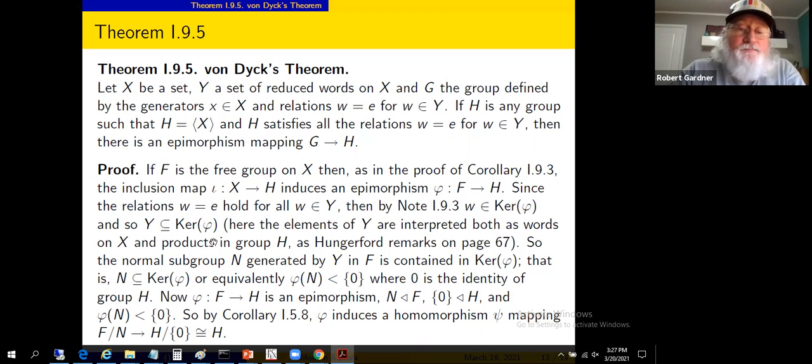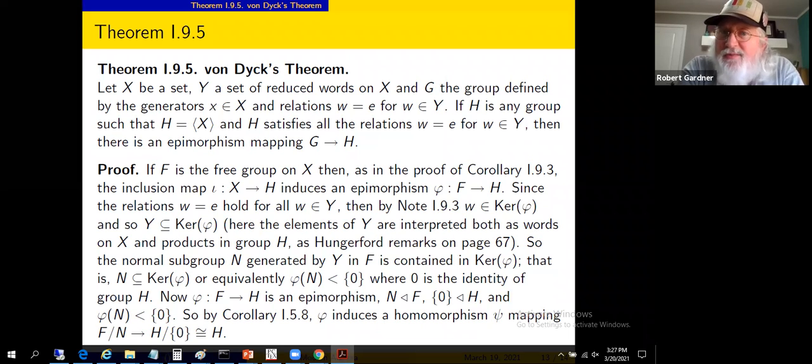Hungerford feels compelled to point out we're treating the elements of Y both as words on set X and as products of elements of group H in this setting. The generators I kind of think of as letters, and set Y contains products of those letters, as it were.